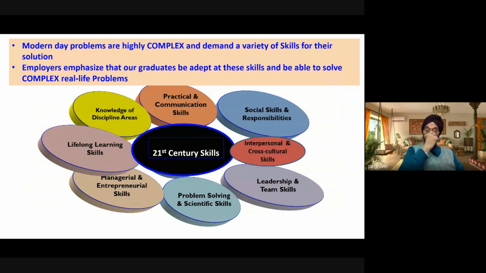Modern day problems are highly complex and demand a variety of skills for their solution. What we have been teaching in the textbooks may not be very helpful to solve complex problems. Complex problems are, for example, the design of a high-rise building or the design of a smart hotel or smart campus.